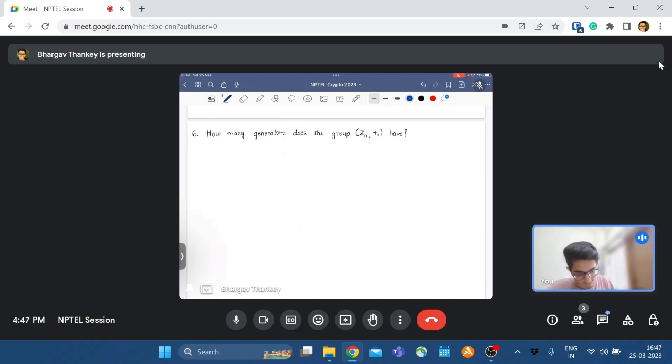Okay, so let me tell you the answer. It is phi(n) many generators. Recall that phi(n) is the Euler totient function, the number of numbers in 1 to n minus 1 which are coprime to n. Let's see why.